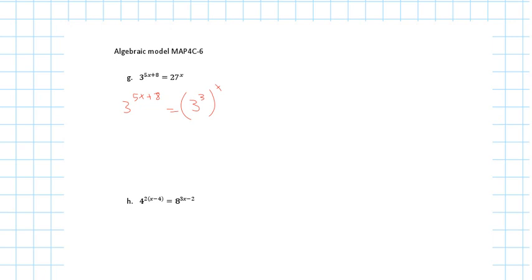But that x is still there. So I had a 27 to the power of x, right? I changed that 27 and I made it 3 to the power of 3. See what happened?